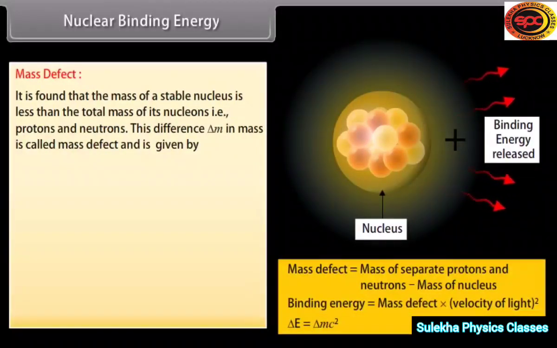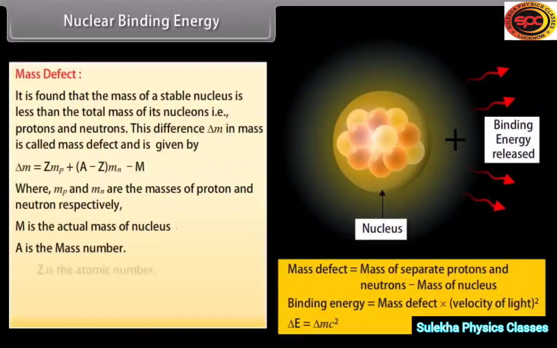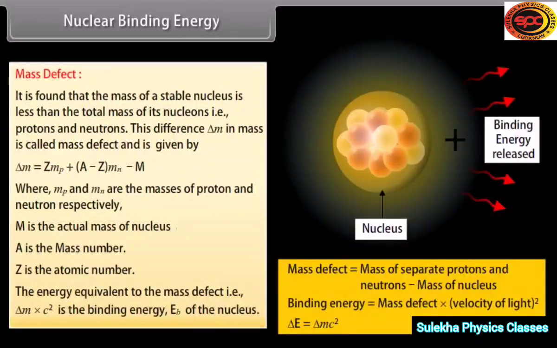This difference Δm in mass is called mass defect and is given by Δm = [ZMp + (A − Z)Mn] − M, where Mp and Mn are the masses of proton and neutron respectively, M is the actual mass of nucleus, A is the mass number, and Z is the atomic number. The energy equivalent to the mass defect, that is Δm c², is the binding energy, EB, of the nucleus.